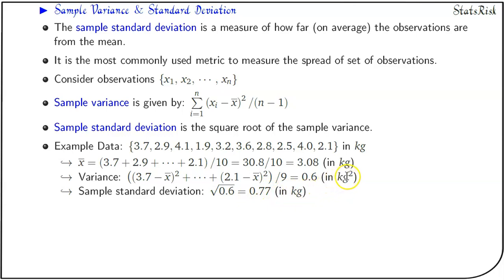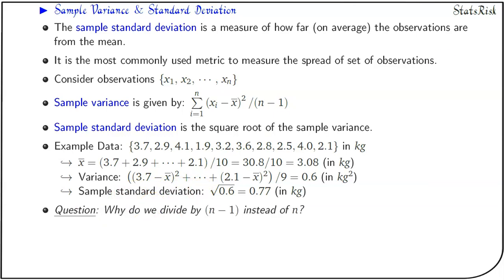The unit of the variance was kilogram squared, but because we have applied the square root, the square cancels out. And so the unit of the sample standard deviation is kilogram, the same unit as the measurements themselves. So this is basically how we calculate the sample standard deviation of a set of measurements.